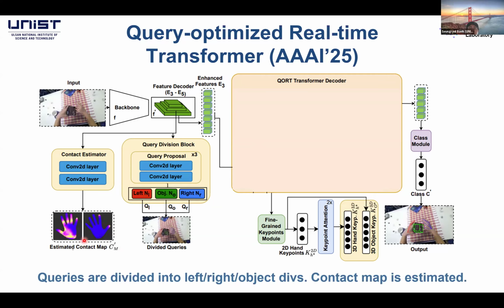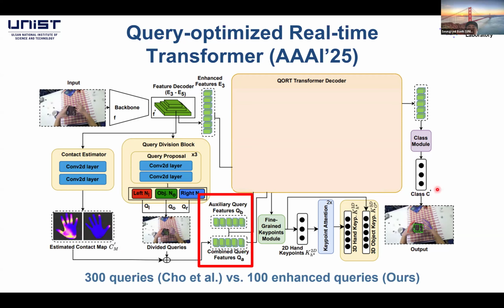Here we extract some hand-related information on the encoder side. This work basically reduces the time complexity of the transformer. A transformer is composed of an encoder and a decoder, and we removed the transformer encoder and replaced that part with a CNN-based architecture because of the time complexity.